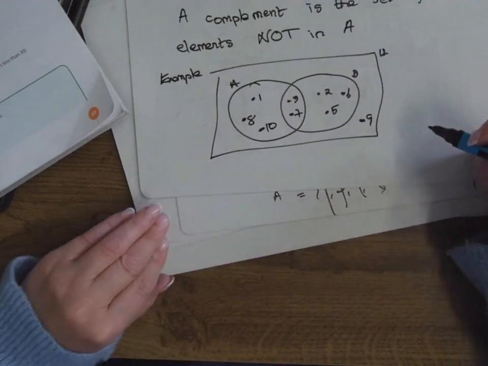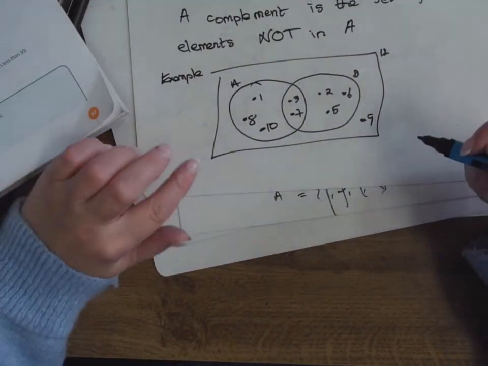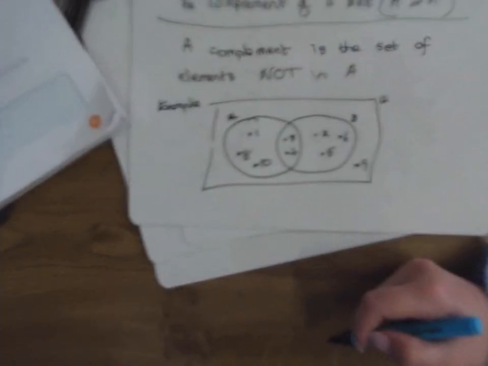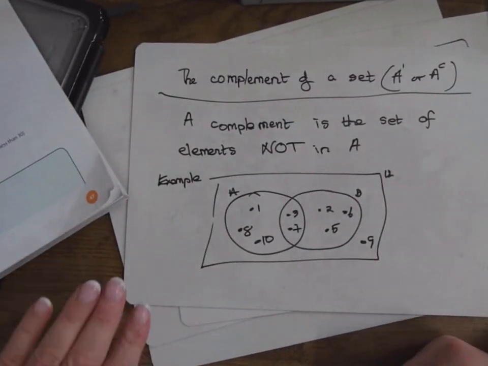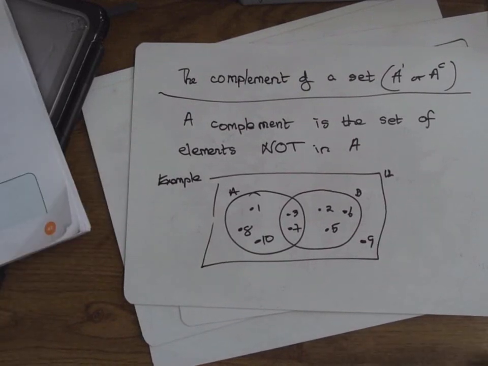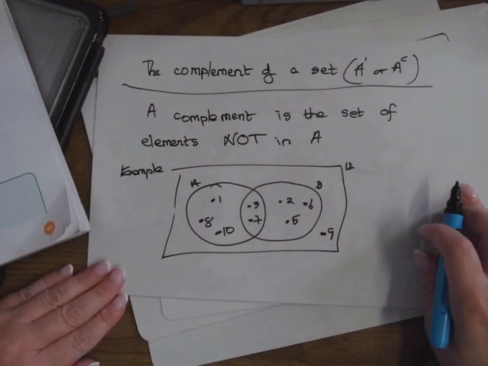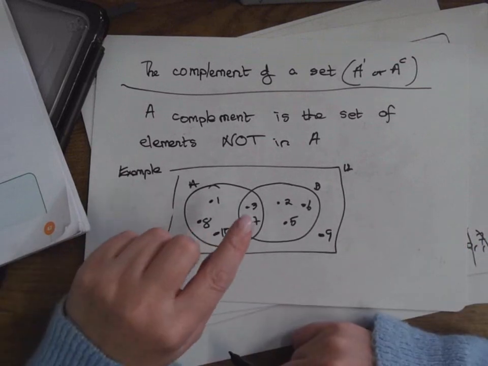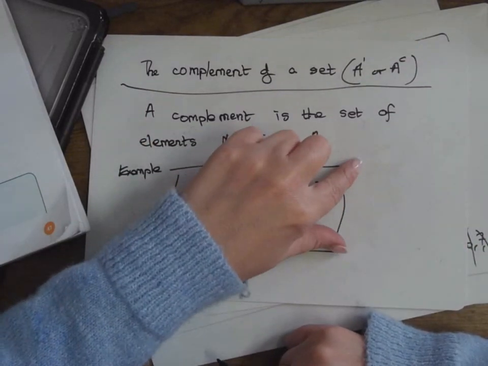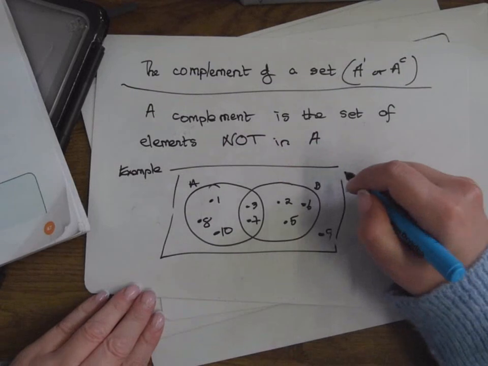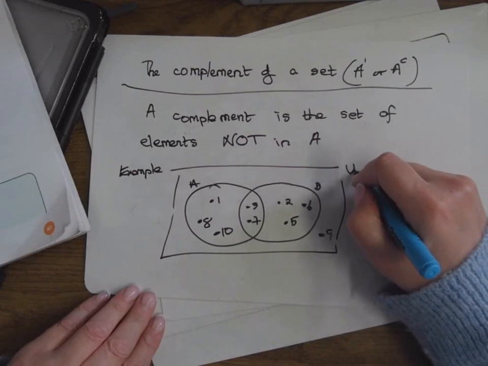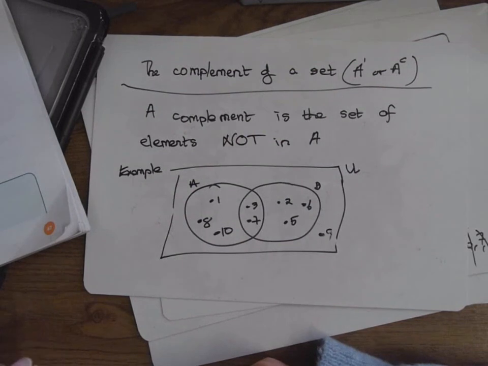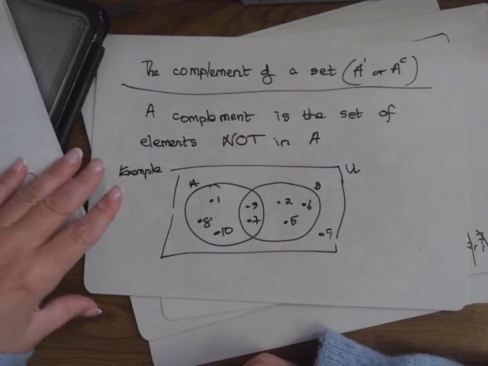Okay, is that alright? Can you all read them? They're big enough, are they? Is that a 12? No, that's a capital U for universal set. Sorry, bad writing. Are we good?